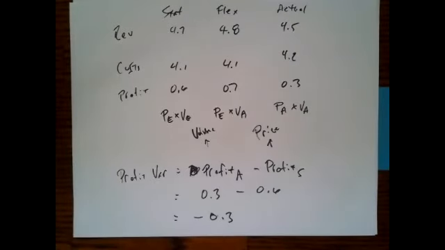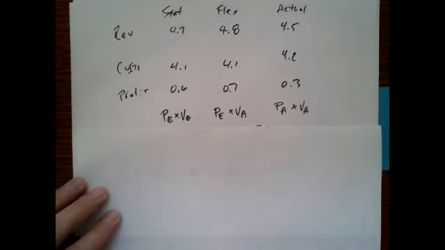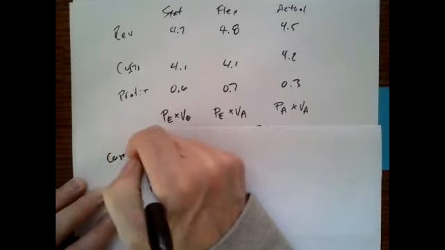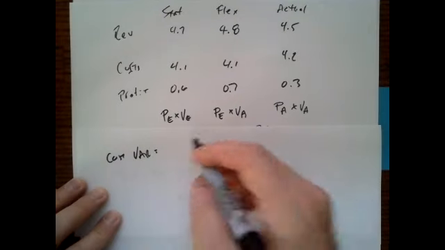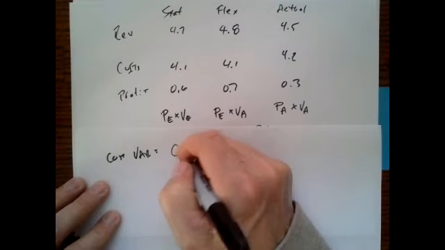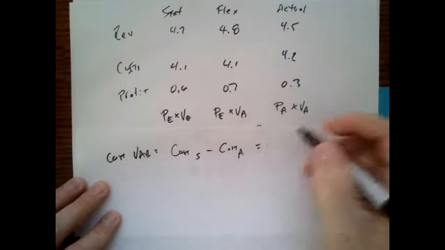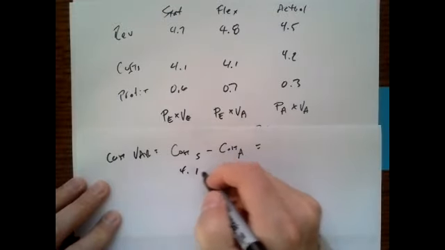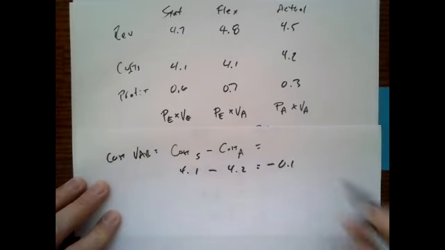Next, we're asked to calculate and interpret the volume and management variances on the cost side. Okay, so remember, cost variance was cost stat minus cost actual, which in this case is 4.1 minus 4.2, which gave us negative 0.1, right?